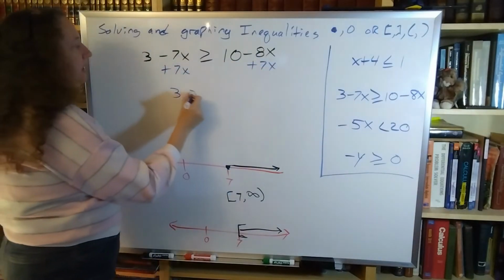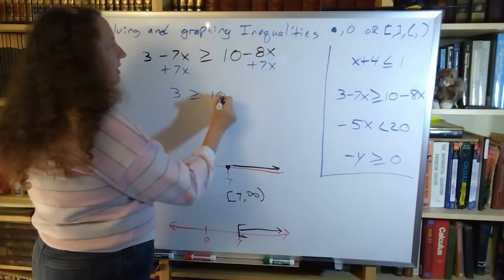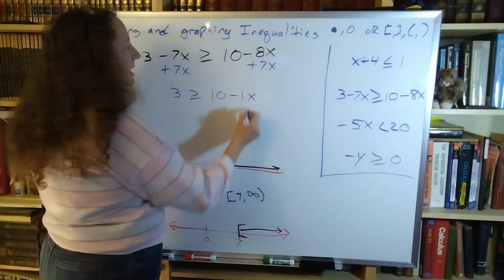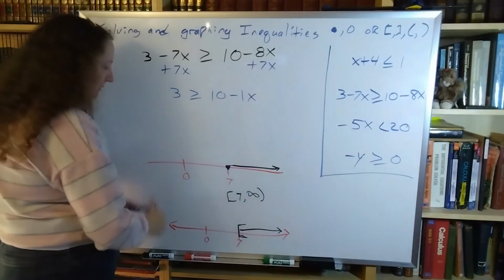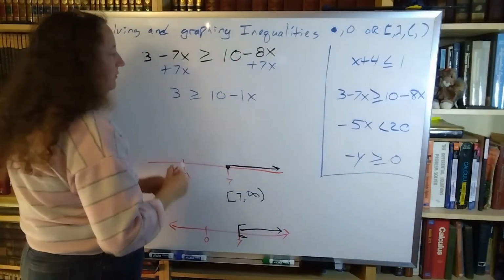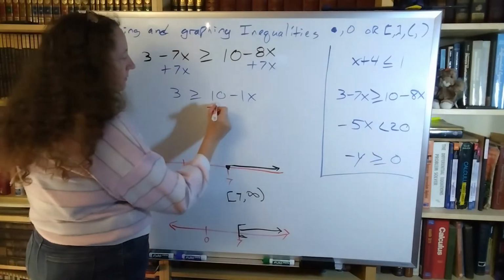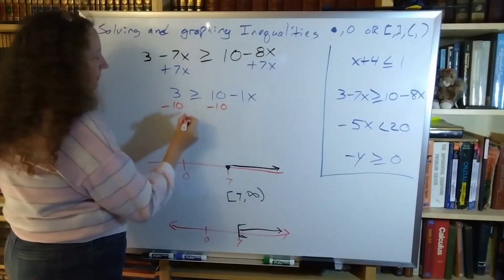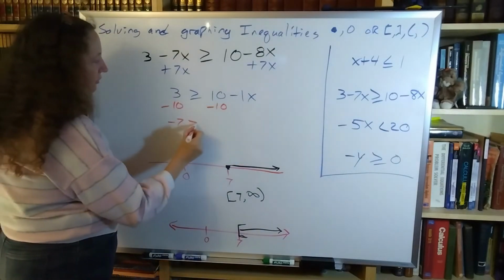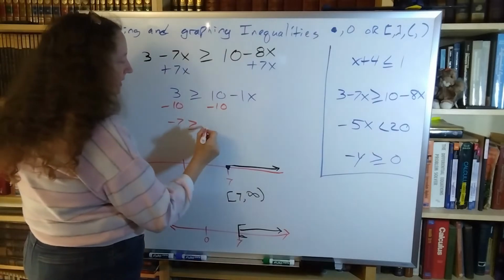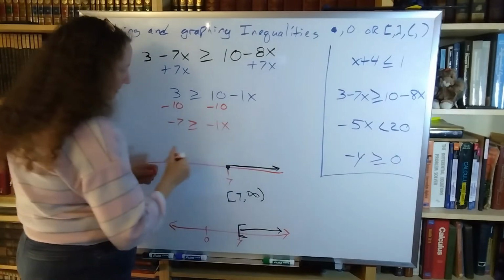So now I have 3 is greater than or equal to 10 minus 1x. Move my 10 over. Now I have negative 7 is greater than or equal to negative 1x.